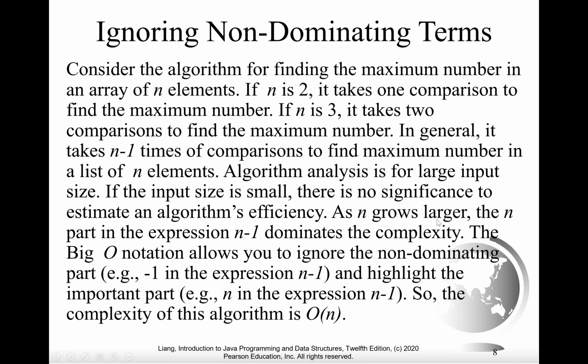As n grows larger, the n part in the expression n minus 1 dominates the complexity. The big O notation allows you to ignore the non-dominating part and highlight the important part.